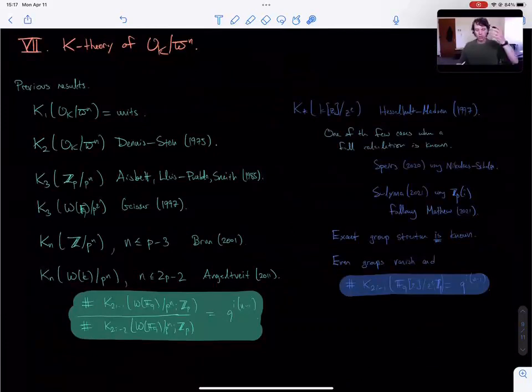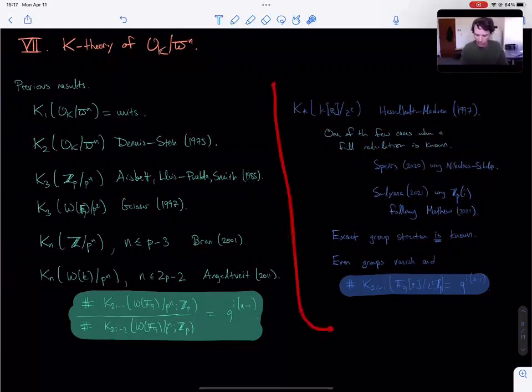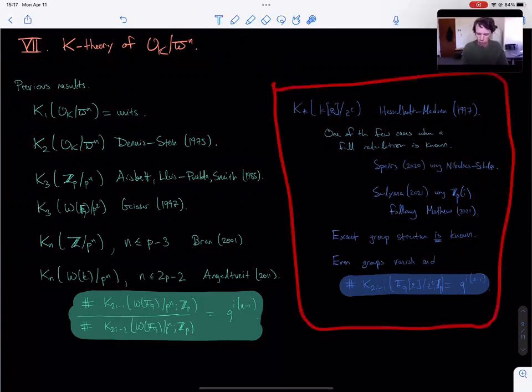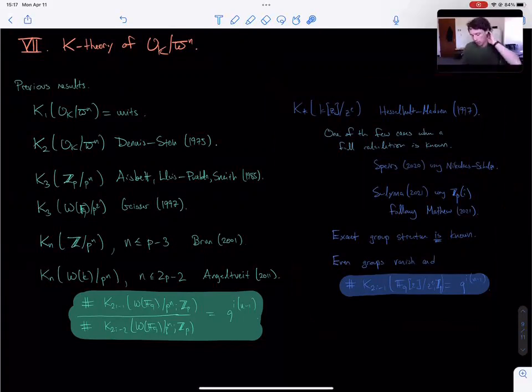Okay, so now we come to the actual K-theory of O_K mod pi to the n. There's kind of two regimes here. On the right hand, I have a special case which was completely solved by Hesselholt and Madsen. Namely, take a finite field k, adjoin z and mod out by z to the e. It turns out that using trace methods and TR and so forth, Hesselholt and Madsen were able to completely compute the K-groups.